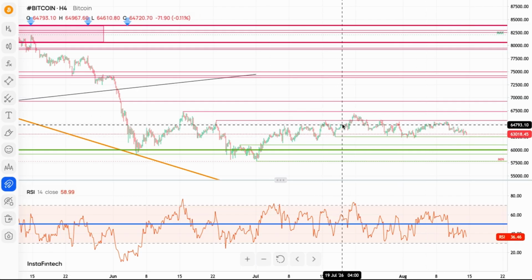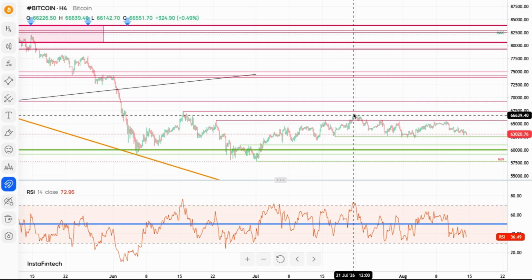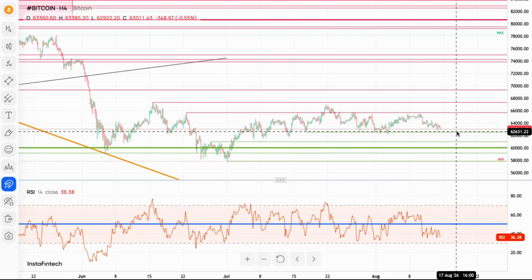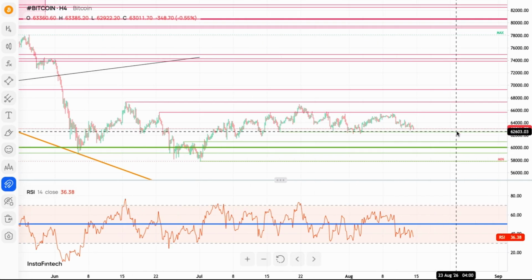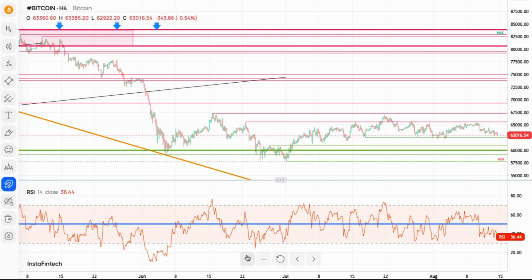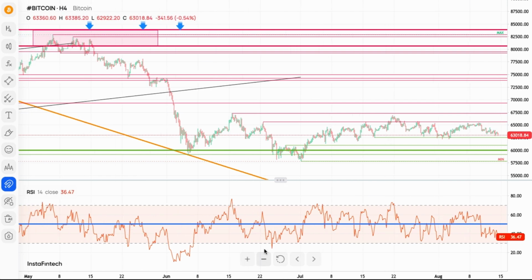Nevertheless, all of them failed to move above any strategically significant technical resistance. And because the market cannot go up, the only way right now is to sooner or later start to trade with the trend, and the trend is down. The midterm trend is down for the Bitcoin.